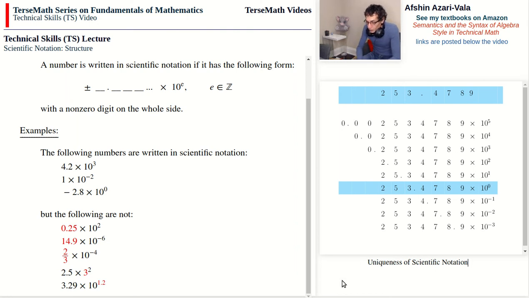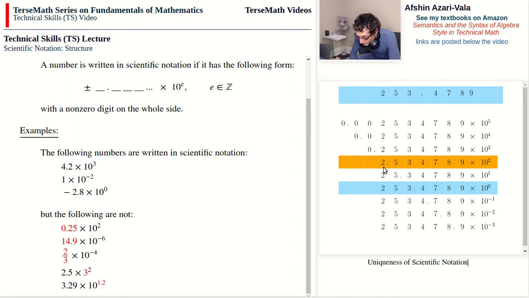And one of the things that we don't want to have with scientific notation is lack of that kind of uniformity. And to choose a unique notation, which is, by the way, this one, we impose the requirement that there can be only one non-zero digit on the left.